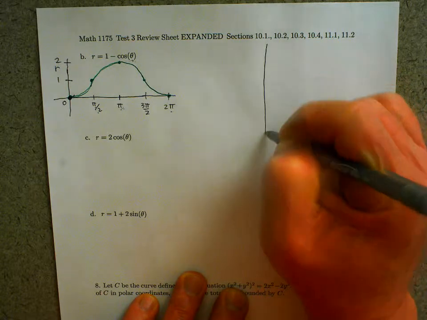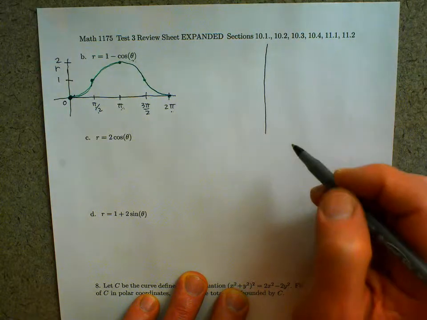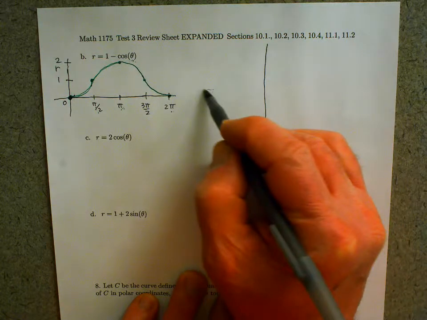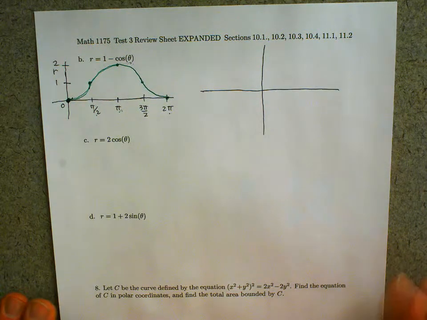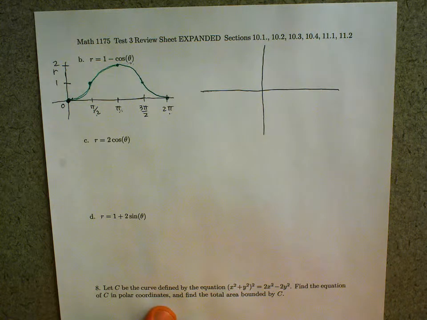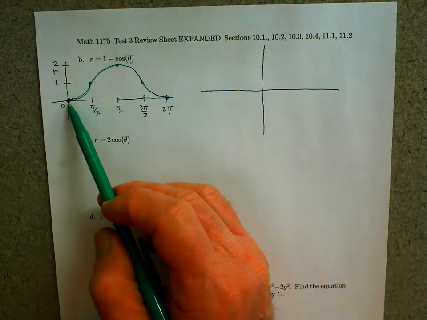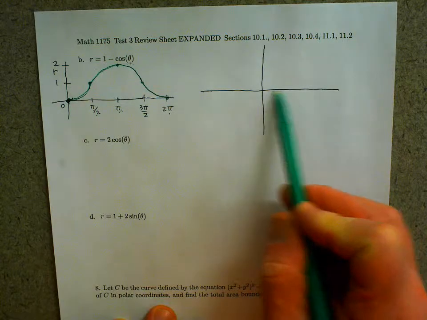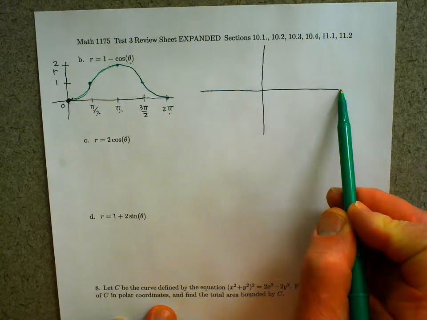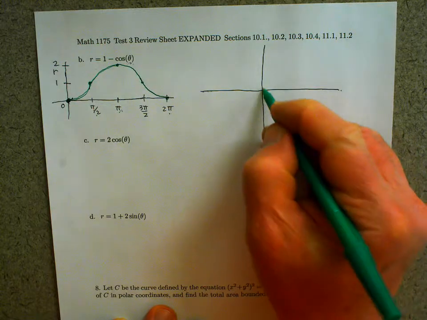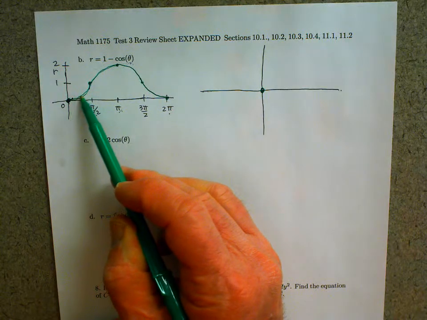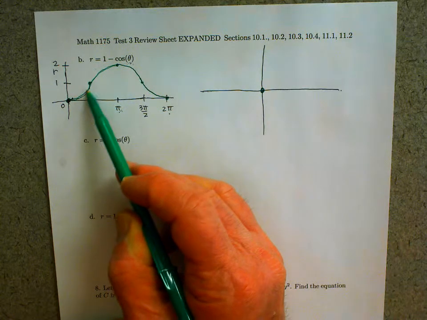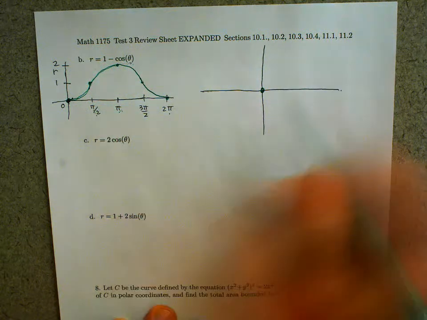Okay, so what's the polar curve going to look like? When theta is 0, that's the polar axis, the positive x-axis. The r value is 0. And then the r values are small positive numbers, and then at pi over 2, we reach 1.